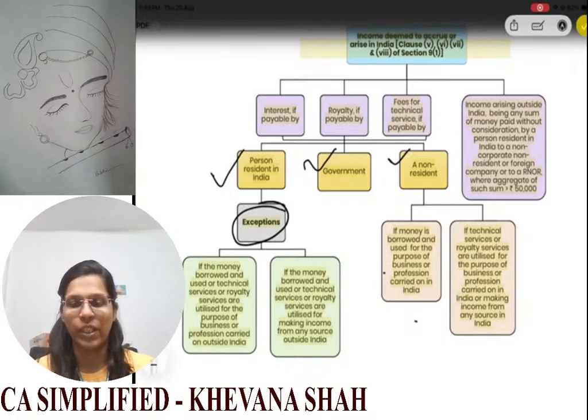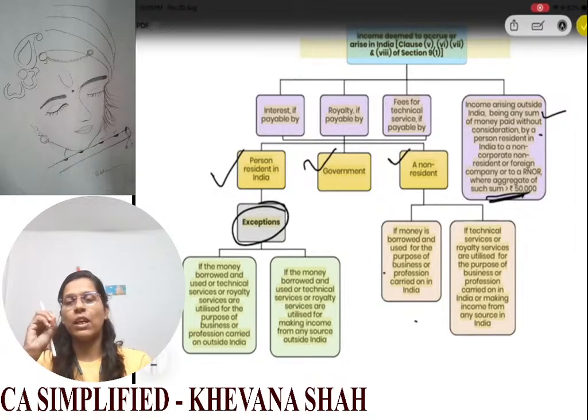Then we have one more case, which is income arising outside India being any sum of money paid without consideration by a person resident in India to a non-corporate, non-resident or foreign company, or to a RNOR where the aggregate of such sum is more than 50,000.